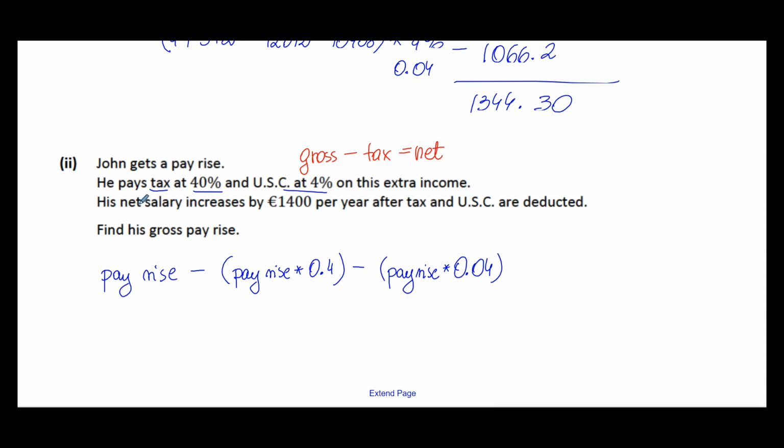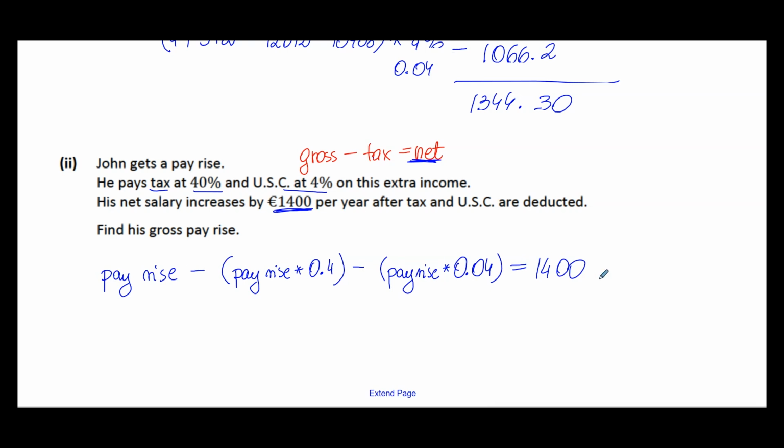And then we are told that his net salary increase, so after the net salary, after the taxes are collected, is 1,400. So that calculation will equal 1,400. So the difficult part here is creating this equation.